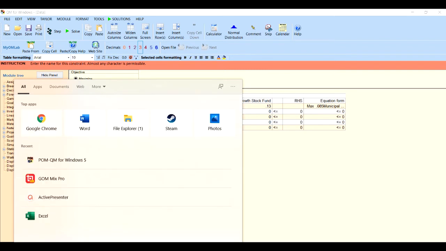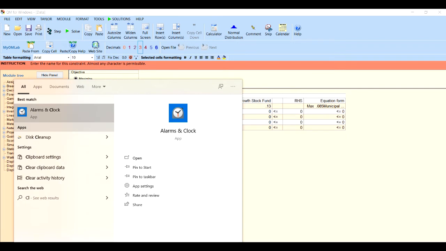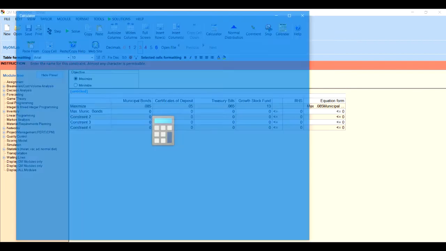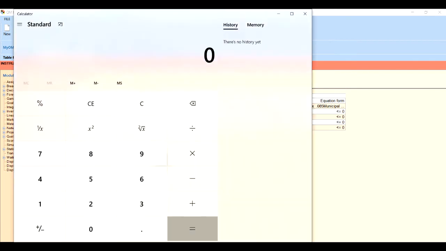Constraint number 3 is, let's title it CD, Certificates of Deposit, is not greater than 1, 3, 4. That's what we've shown here. Certificates of deposit is not larger than municipal bonds plus treasury bills plus growth stock.